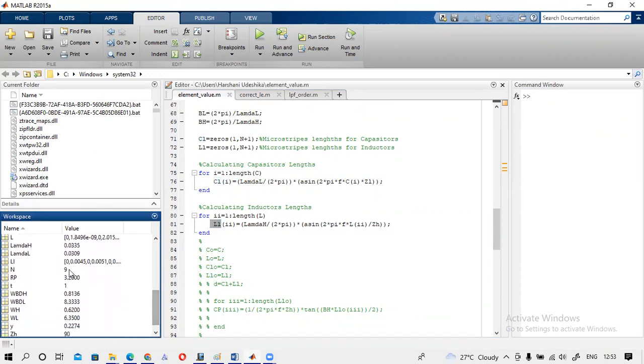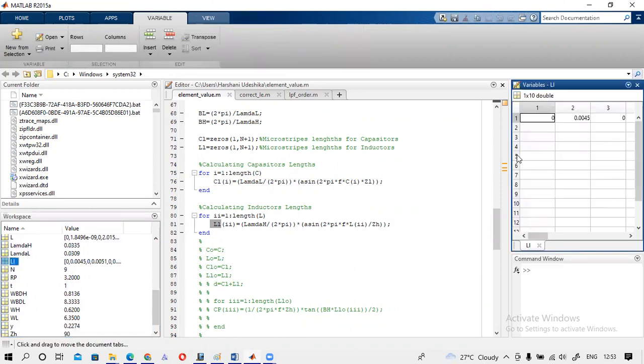So this is L1, capacitance length. There should be 4, no? There are 4 values. So I get the capacitance length.